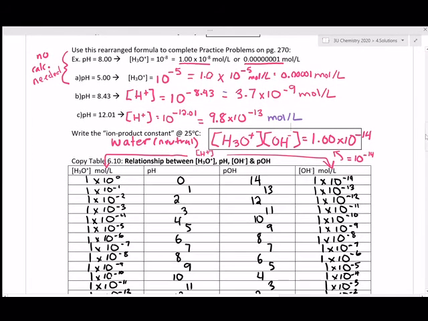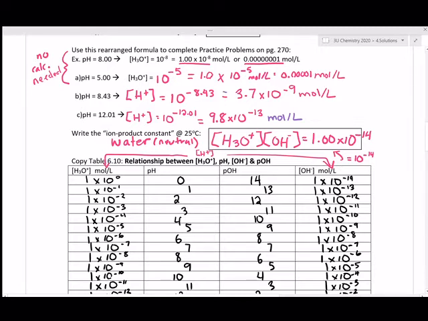Now, another important relationship in neutral water, we said the hydrogen ion and hydroxide are equal. So we can use that to come up with a formula because they both equaled 1 times 10 to the negative 7. So based on that, if you were to multiply 1 times 10 to the negative 7 times 1 times 10 to the negative 7, you would get 1 times 10 to the negative 14.